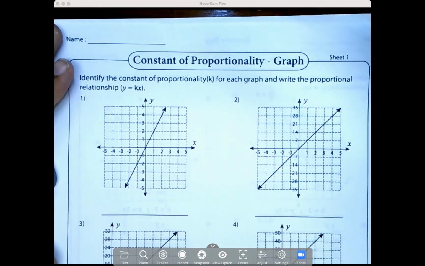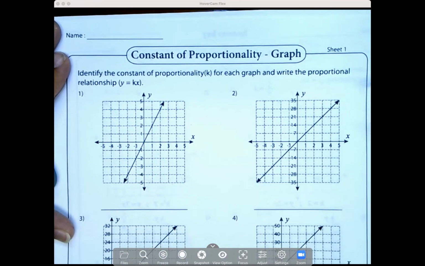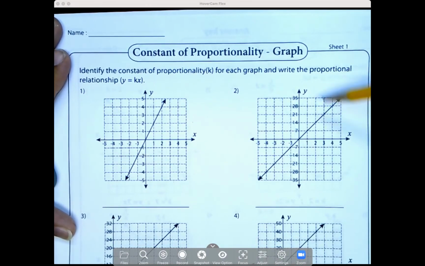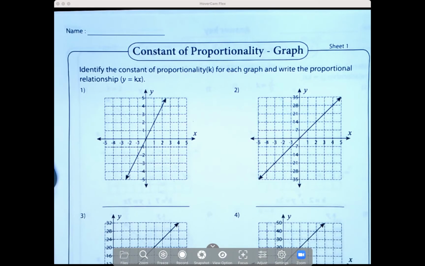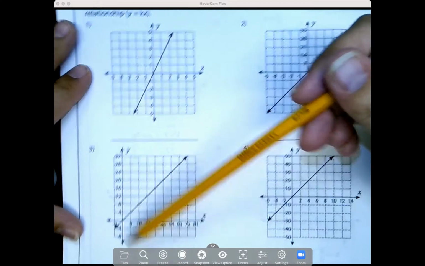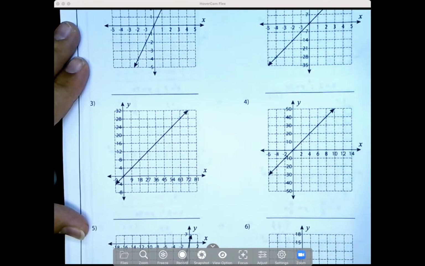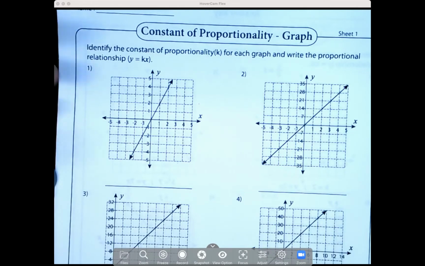On these graphs, what I would have the students do first is just scan them. Say, are these even representing directly proportional relationships that would have a constant of proportionality? So they should scan and say, oh, origin, origin, origin, origin, origin. We are linear, a straight line, on all of them. So we're good to go.